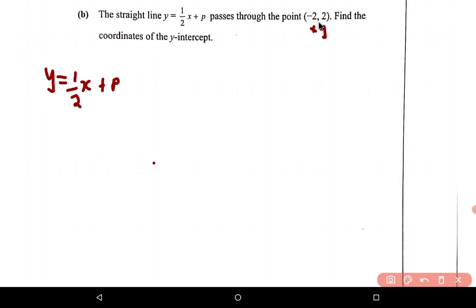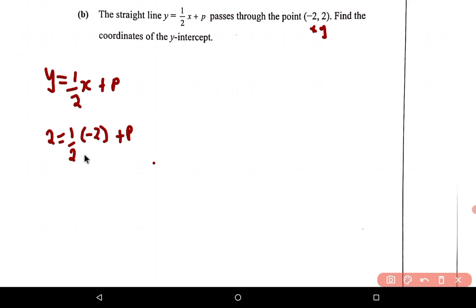So we are going to replace these values in this equation. y there is going to be 2, is equal to half. Our x there is going to be negative 2. Then plus p. We're trying to find what p is.